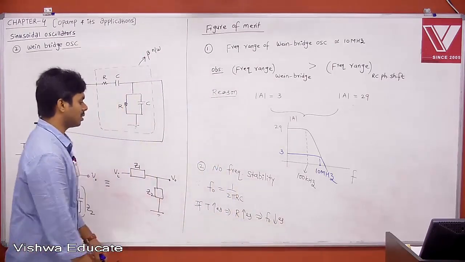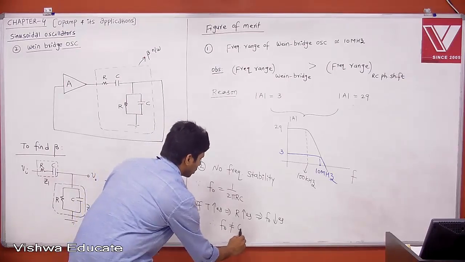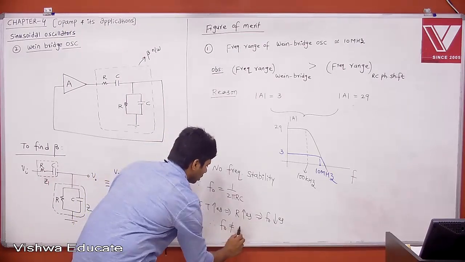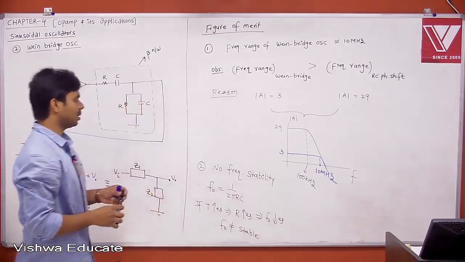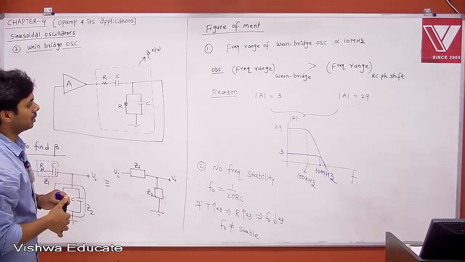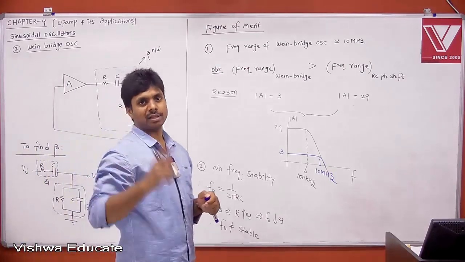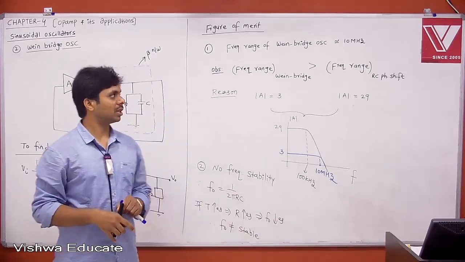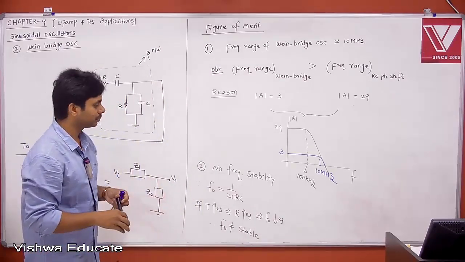Therefore, your f0 is not stable. Instead of saying constant, it is not stable. It will change. Therefore, there is no frequency stability. Therefore, one thing is improved with respect to the RC phase shift oscillator: the frequency range is improved, but not stability. Okay?